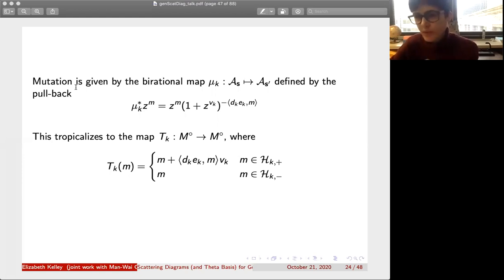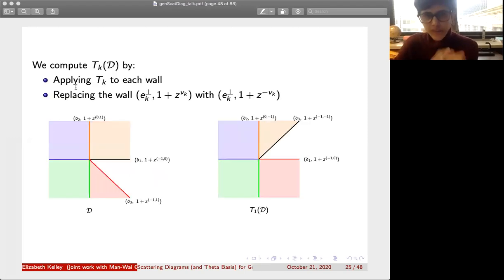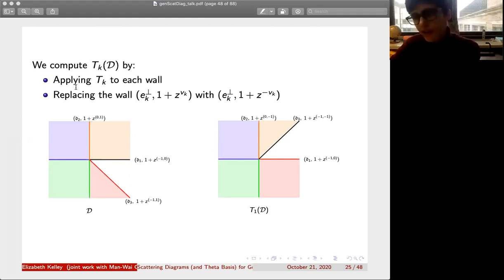I don't want to have to do this stepping back and forth process. I want to just stay in the world of diagrams. And so there's this map defined in this sort of complicated way that I explained. And the way we use it is we apply it to each of the walls. And then there's one wall that's sort of special that we do a special thing to. But so the picture, just look at the picture here, because I just want to give you a flavor of how these diagrams change.